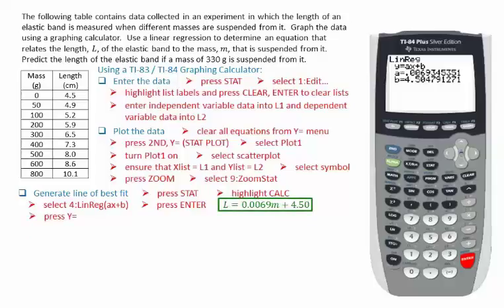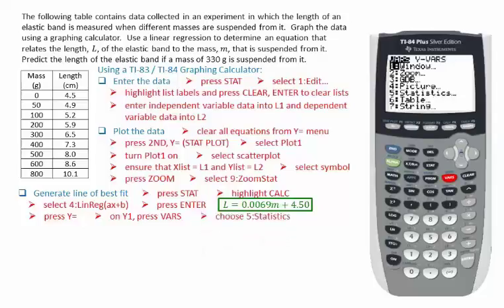We then want to plot this equation. We can press y equals and then enter the equation, or we can call up the equation. To do this, on y1, we press Vars. We then choose option 5 for Statistics.